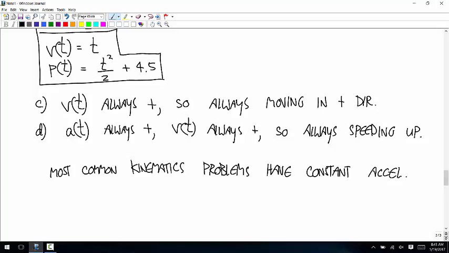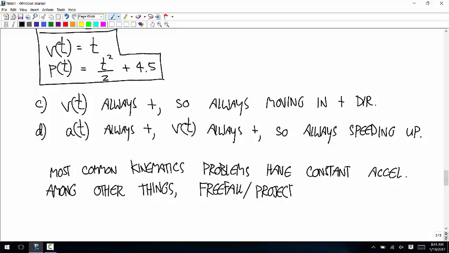And the biggest reason that these are important is that, among other things, free fall and projectile motion have constant acceleration when the air resistance is negligible.